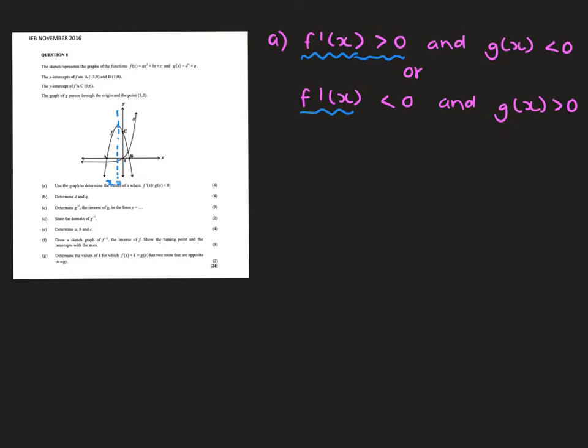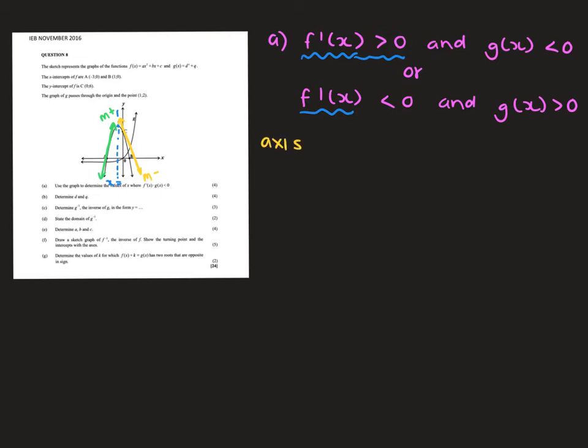Before the axis of symmetry is where your gradient is positive. If you were to draw a tangent line to the curve, we could see that before the axis of symmetry that would be a positive gradient, and after the axis of symmetry that would be where the gradient is negative. So I need to determine that axis of symmetry.